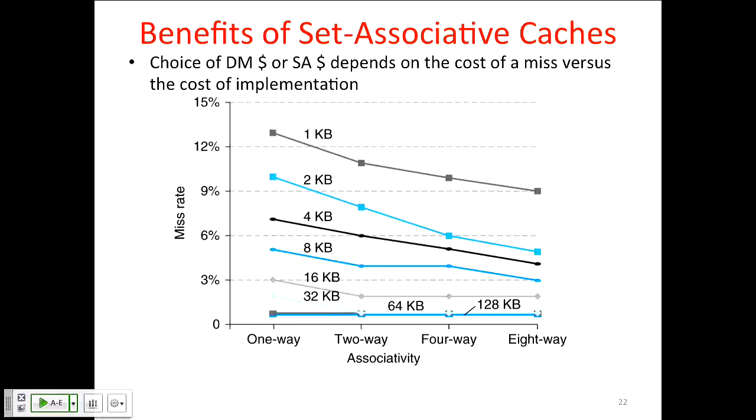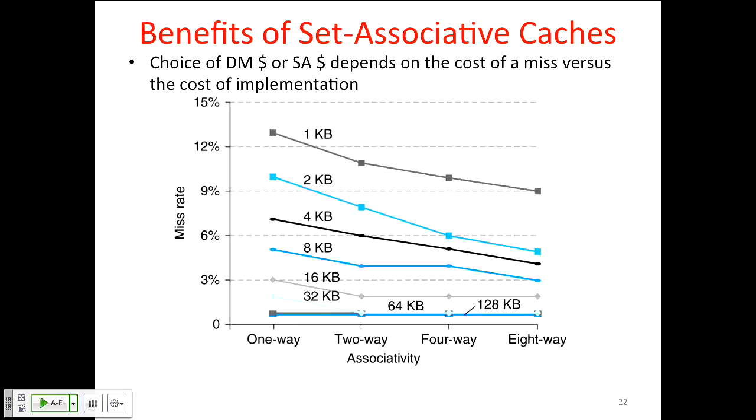It's not quite as much as doubling the cache size, but it's almost as good. All right, so doubling the associativity in that case almost gives you as much benefit as doubling the cache capacity. In terms of area, doubling associativity is much cheaper than doubling the capacity, though there's a cost in access time.